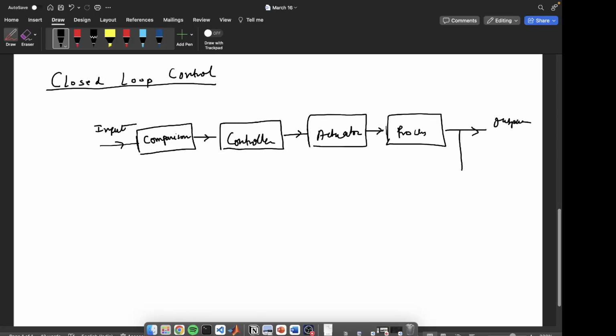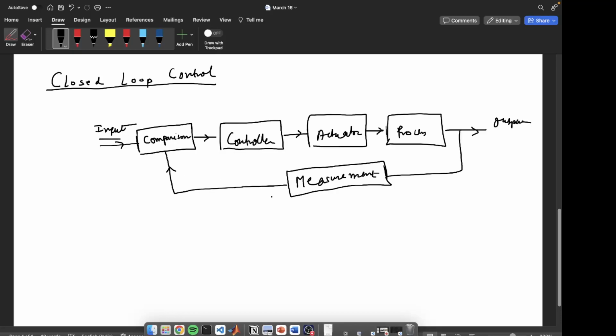In order to use that output you have to measure it. So we take the measurement and put that measured output back into the comparison block, where the input and the measured output are compared, and accordingly, according to some law or formulation, the control action is varied or changed.